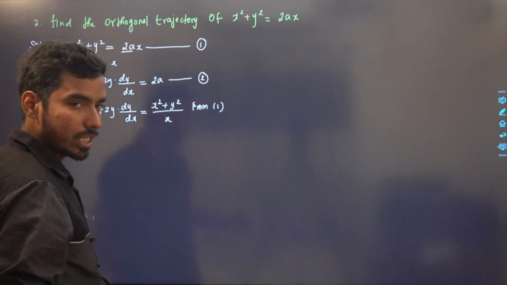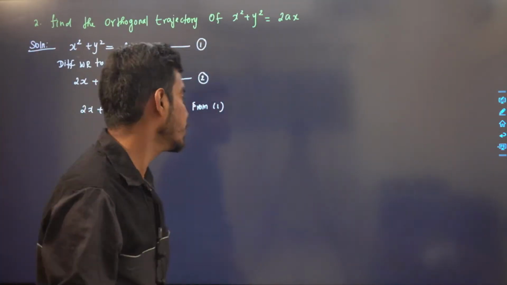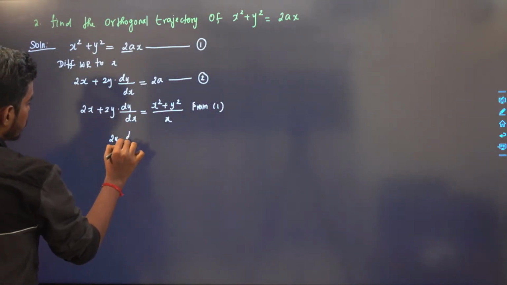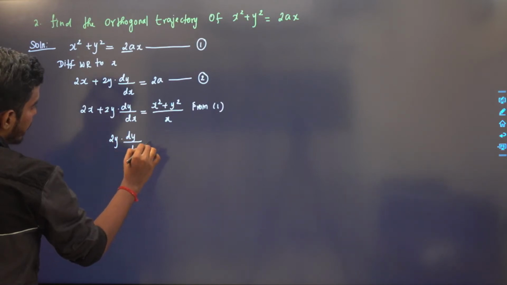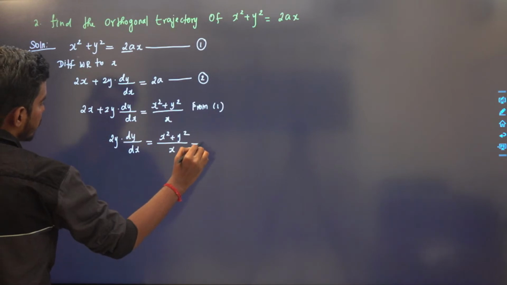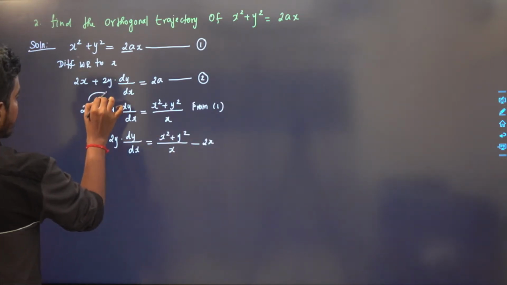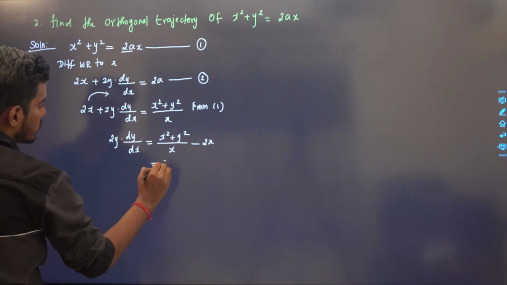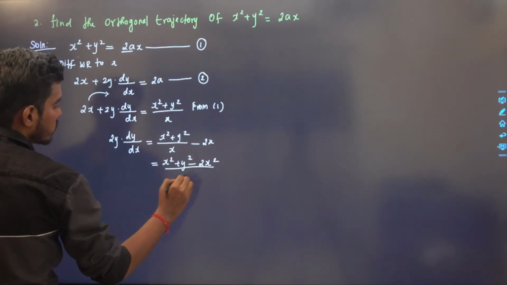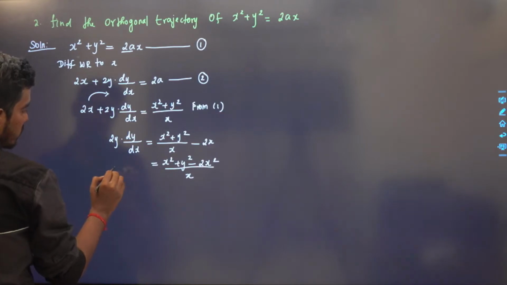We have to replace dy by dx by minus dx by dy. Before that, we will simplify this to some further extent. So we will have 2y dy by dx is equal to x square plus y square by x minus 2x, right? I'm taking this term that side. This is x square plus y square minus 2x square divided by x.